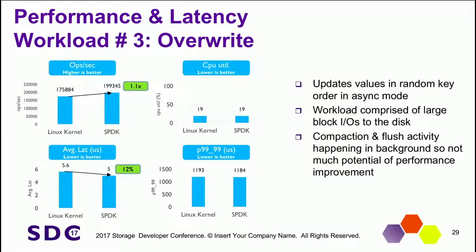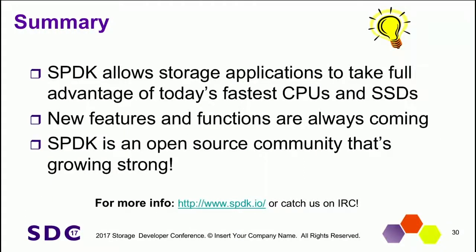There is compaction and flush activity which happens in the background, because of which the chances of improvement with this workload tend to be a little bit lower than with the previous workloads. So that was the performance section where we compared Linux kernel versus SPDK, and then Paul will summarize things to end this talk.